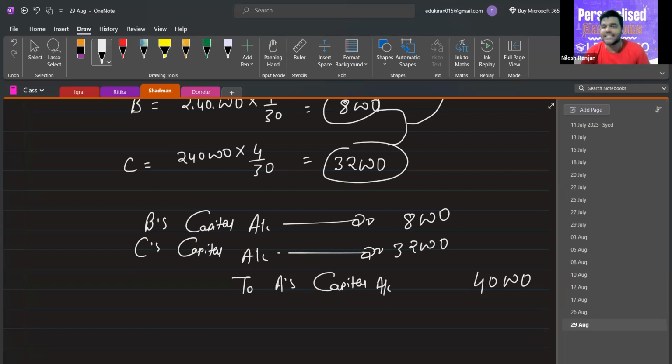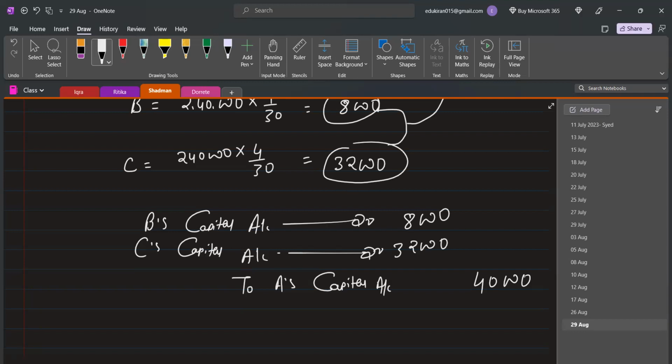Because B and C is giving, and A is receiving. So as per that personal account rule, it will be A capital account debit to B and C. But if we go for logical conclusion for personal account, then this journal entry is correct, because whenever we take something from someone on credit basis, we write the name of that person.